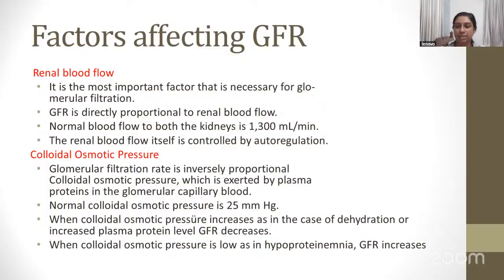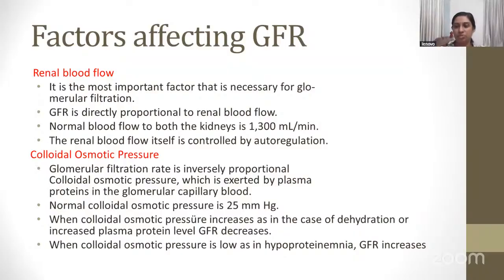So, when the renal blood flow is more, what happens to the filtrate? It will increase. The most important factor necessary for glomerular filtration is adequate and ample blood flow to the renal system. So, it is directly proportional to the renal blood flow. And normally, the blood flow to both kidneys is about 1300 milliliter per minute.